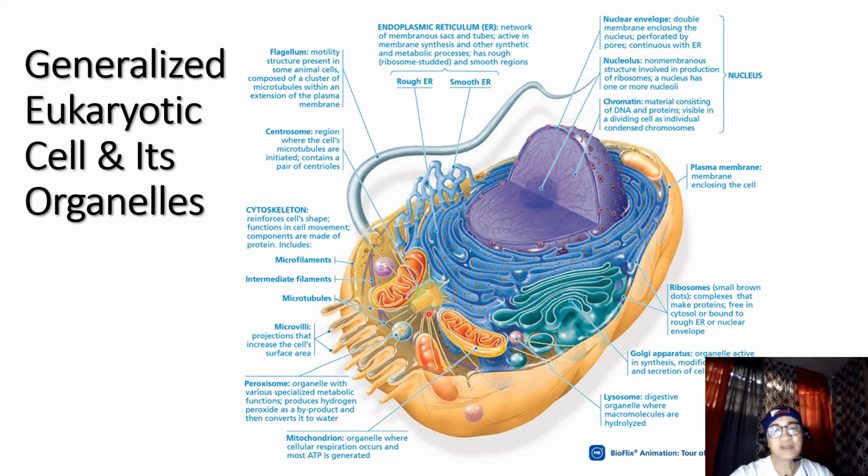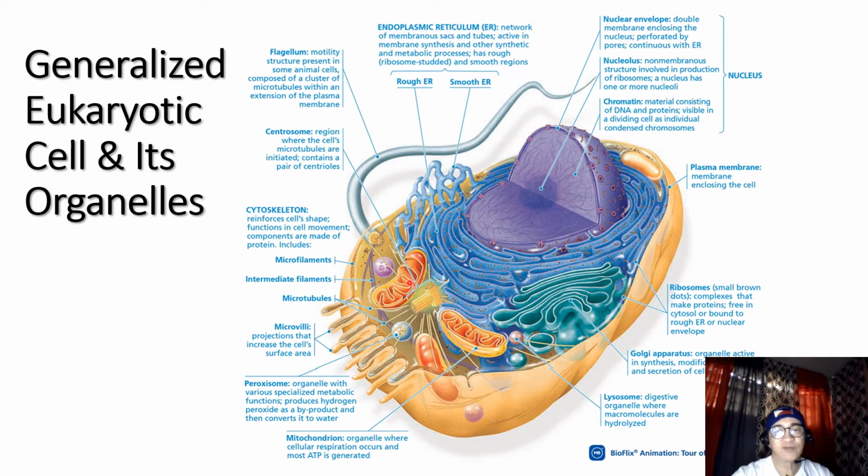When needed, the centrosome can produce or assemble microtubules, such as during cell division when the chromosomes are shuttled to the opposite sides of the cell. This is served by forming microtubules or spindle fibers by the centrosome.